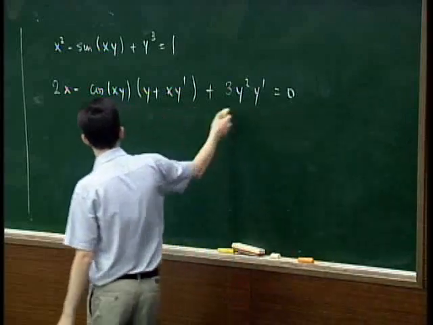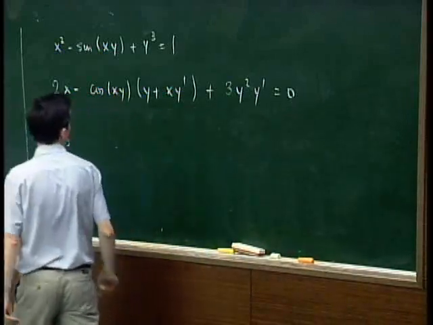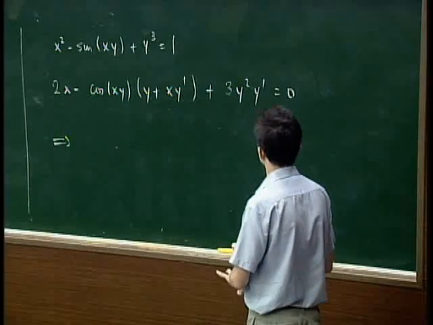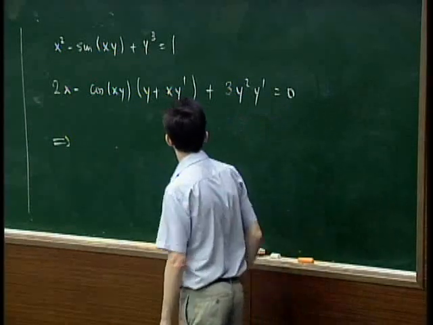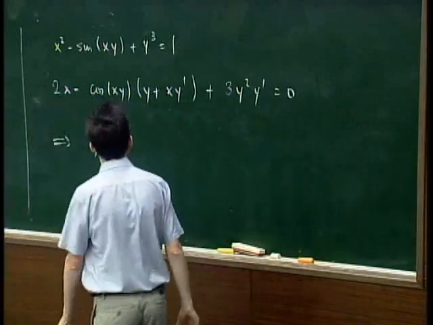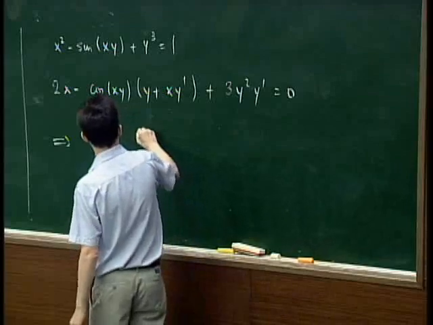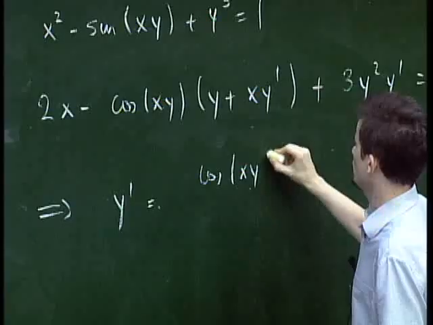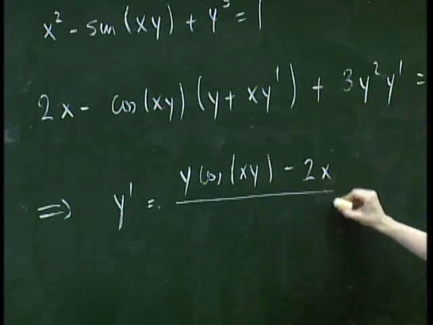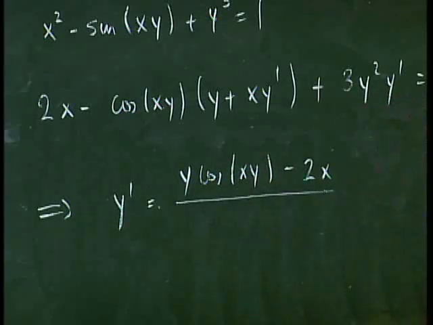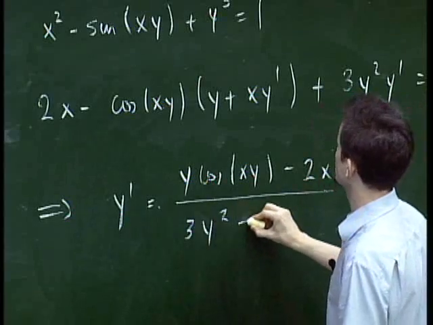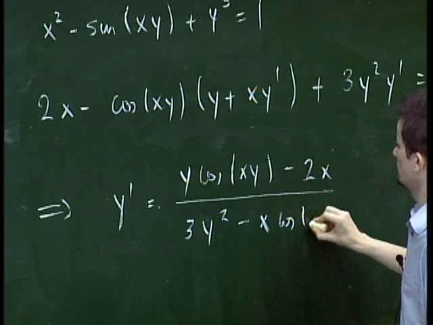And again, this gives us an equation of first order, a linear equation for the derivative of y, and we just solve it. Then we get that the derivative of y is equal to cosine of xy times y minus 2x, over 3y squared minus x times the cosine of xy.